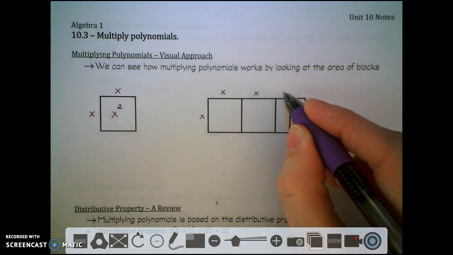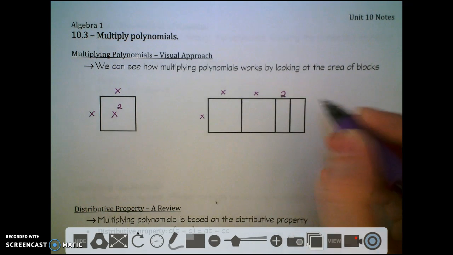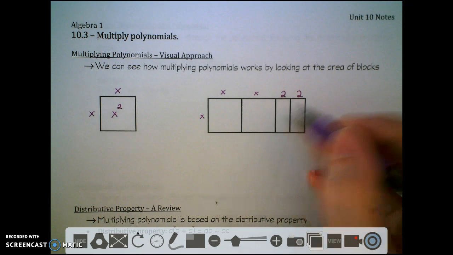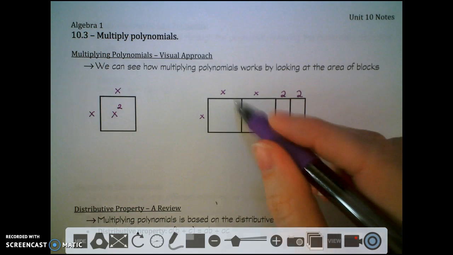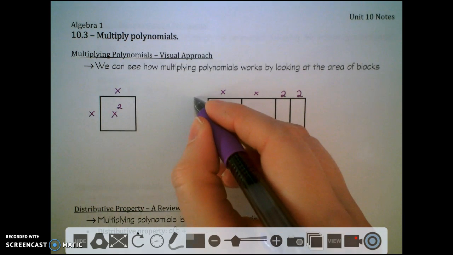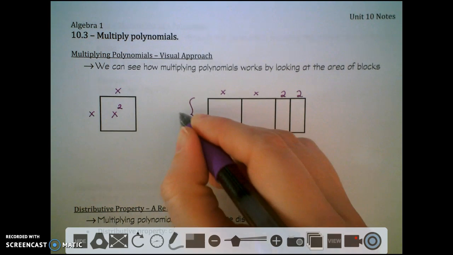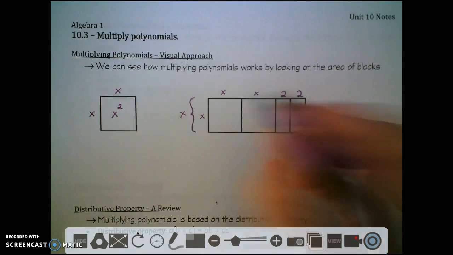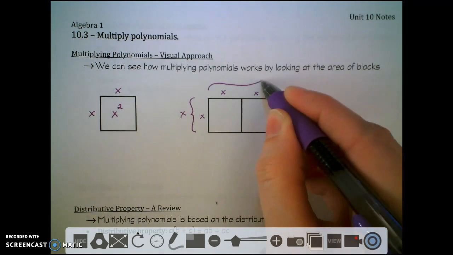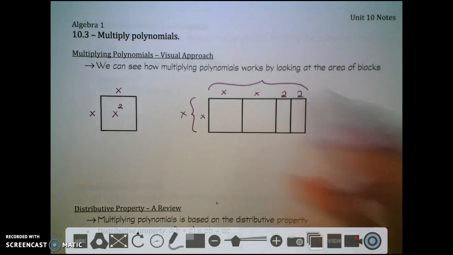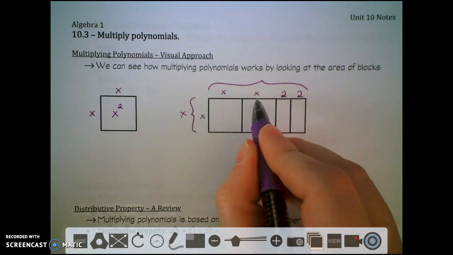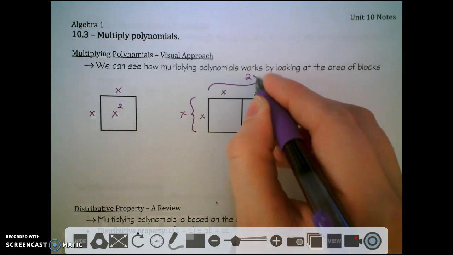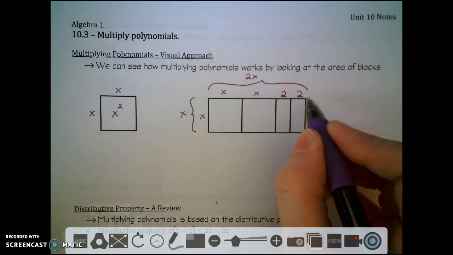Now, if this side length here is 2 and 2, and remember, all of these are x, so this whole thing is a rectangle, then our width here is still x, but our length is the sum of all of these parts. So we have 1x, 2x, plus 2, plus 2.